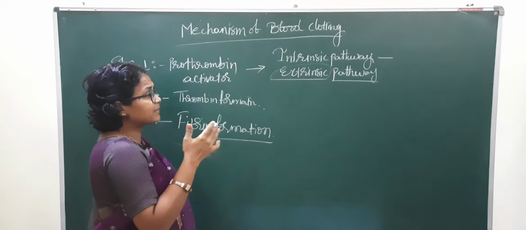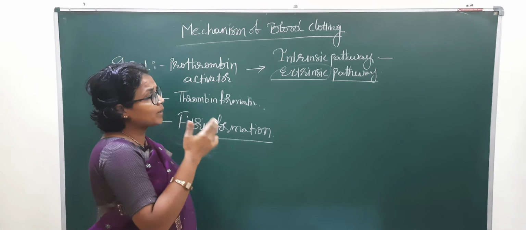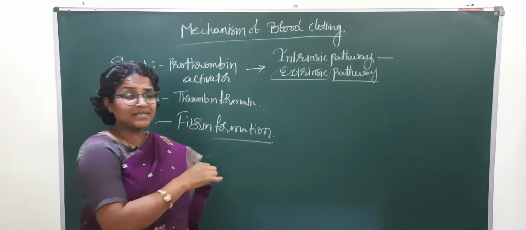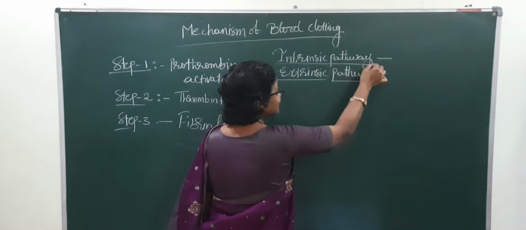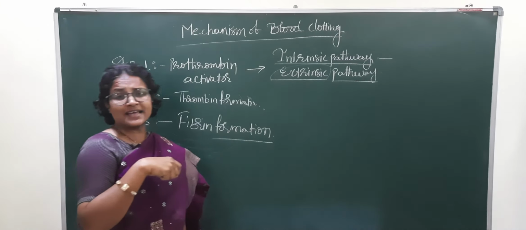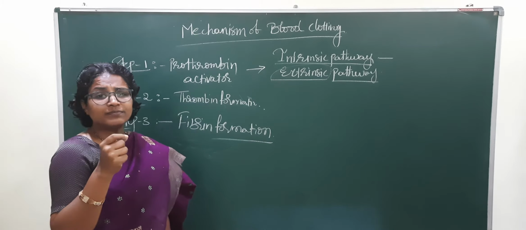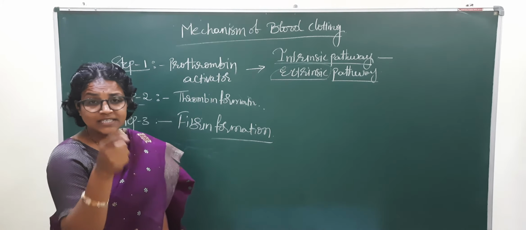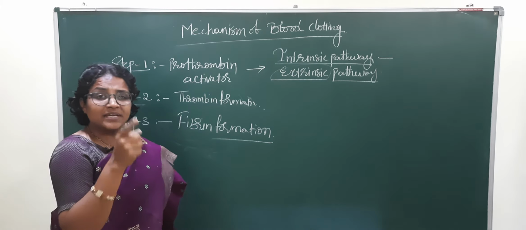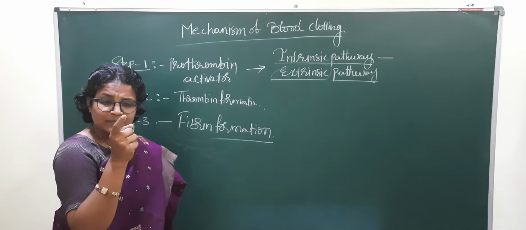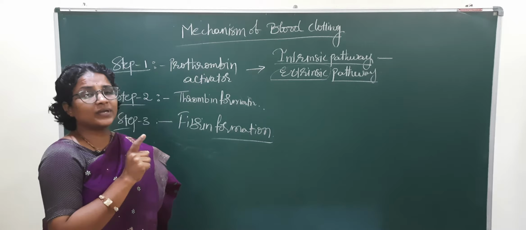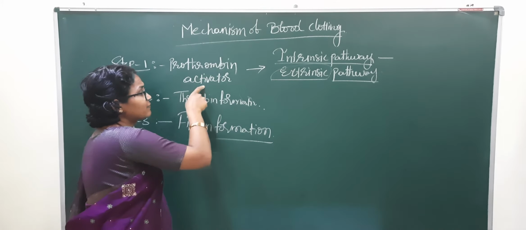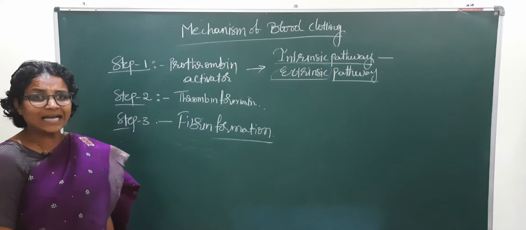In the intrinsic and the extrinsic pathways there is a prothrombin activator, but in this case the blood vessel is severely damaged and the inner side, that is the endothelium, is damaged. The endothelium of the blood vessel comes into contact with collagen protein; arteries and veins are made with collagen protein. So in the intrinsic and extrinsic pathways there is a formation of prothrombin activator.